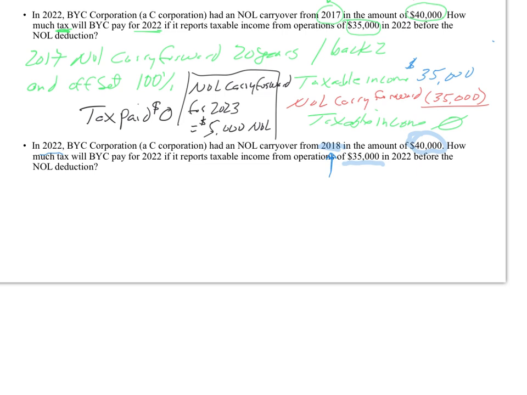All right. So our net operating loss from 2018 was $40,000. Our taxable income before any net operating loss deduction is $35,000. But because this net operating loss came from 2018, it can only offset 80% of our income.